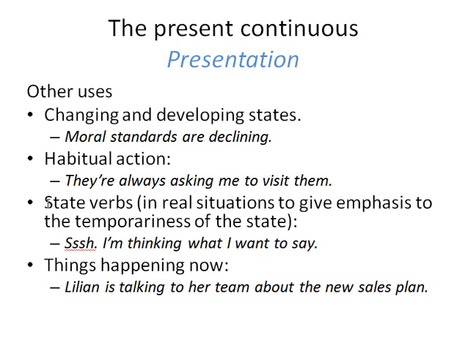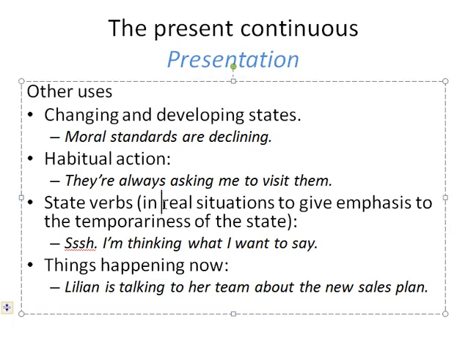To express state verbs, this is a particular case, and it's only possible in real situations. Pay attention to these real situations to give emphasis to the temporariness of the state. For example, shh, I'm thinking what I want to say.